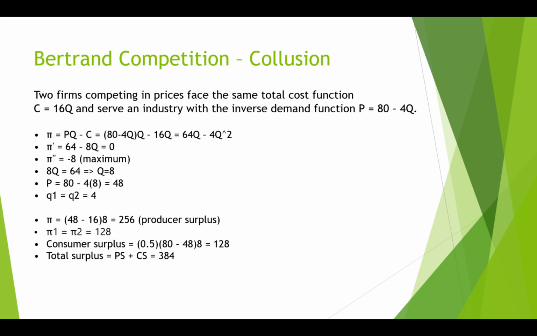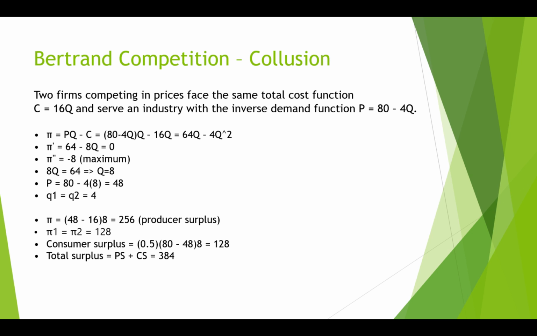Next and finally, in the collusive case, the firms have an incentive to work together when they have symmetric costs to produce at the monopoly output level. And they'll do this together and split the monopoly profits equally.